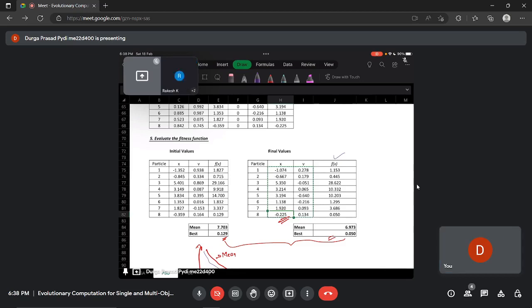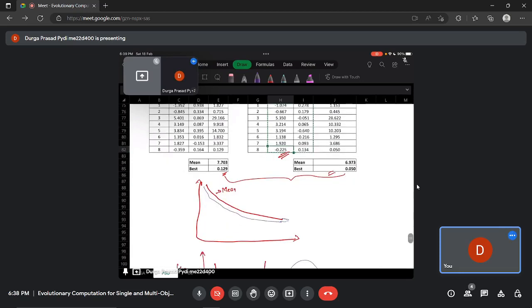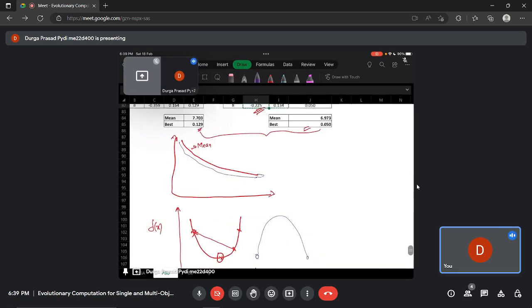Just as an example, depending on your problem, say your objective function is x square, but you have some constraint, let us say xy less than or equal to 1.